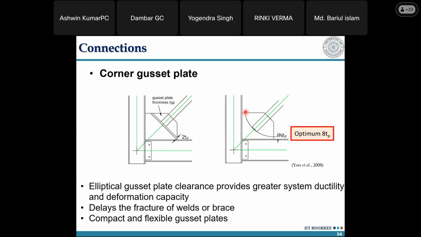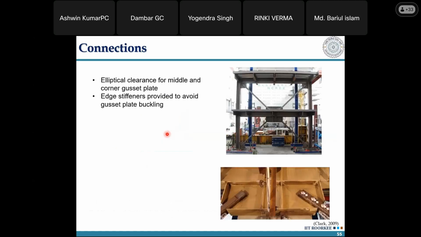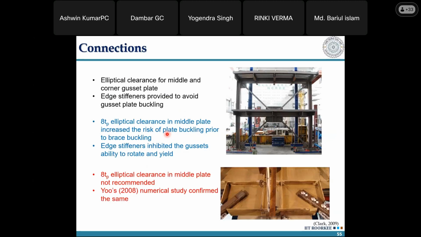There is a paper by Lehman and Roeder available where the entire design procedure for the elliptical design is given. So you can use that, or you can follow the American code and do your design of the gusset plate as such. So linear or elliptical, it functions in a better way.